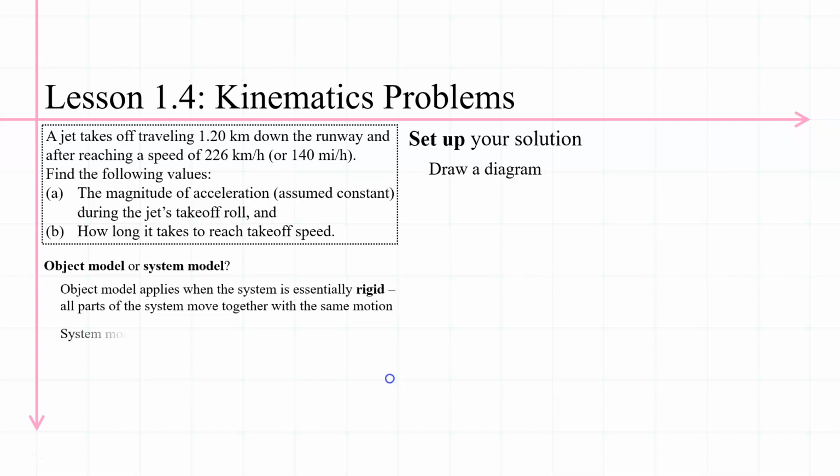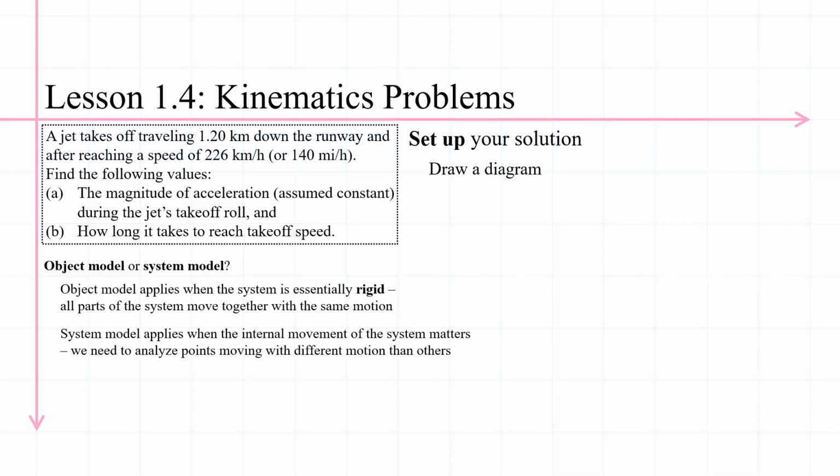Not all objects move like that though, and sometimes we need a system model instead of an object model. A system model applies when there's internal movement within the system itself, and that internal movement actually matters. We need to choose a point that is representing the center of the system instead of just a point on the system. Think of a jogger.